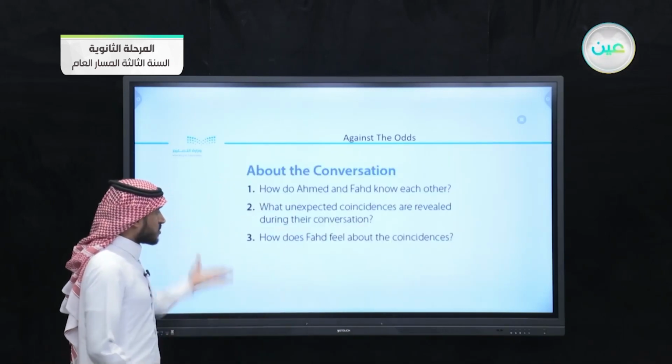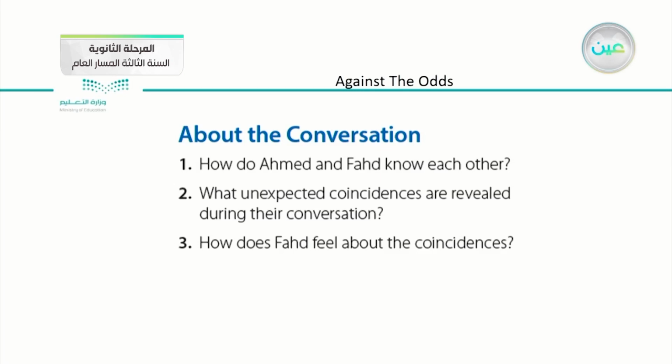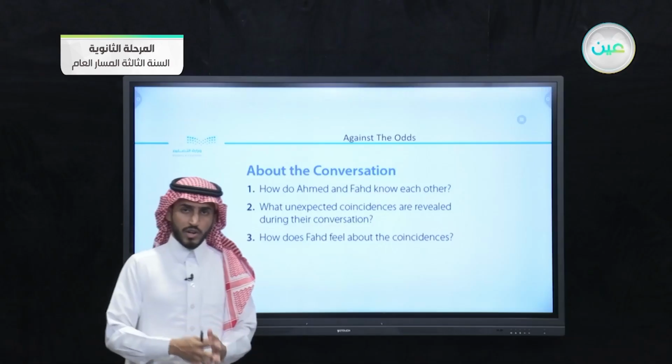Now we have some questions about the conversation. Number 1, how do Ahmed and Fahad know each other? Number 2, what unexpected coincidences are revealed during their conversation? Number 3, how does Fahad feel about the coincidences? Okay, now we will go back and listen to the conversation one more time so we can answer these questions correctly.